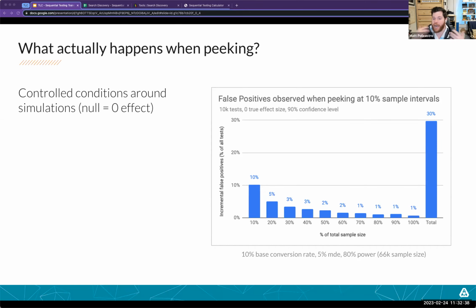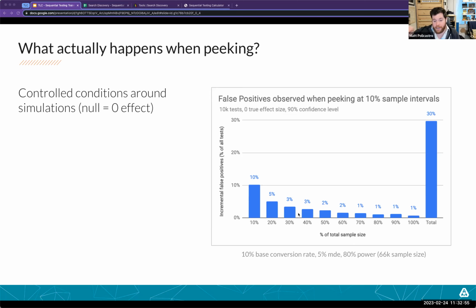You get the idea. But if we check in at these 10% intervals, there's a very high likelihood that we're actually going to end up drawing a false conclusion if we stop the experiment at the point where we find something that looks statistically significant. The first checkpoint, 10%, 5%, 3%, it declines over time.